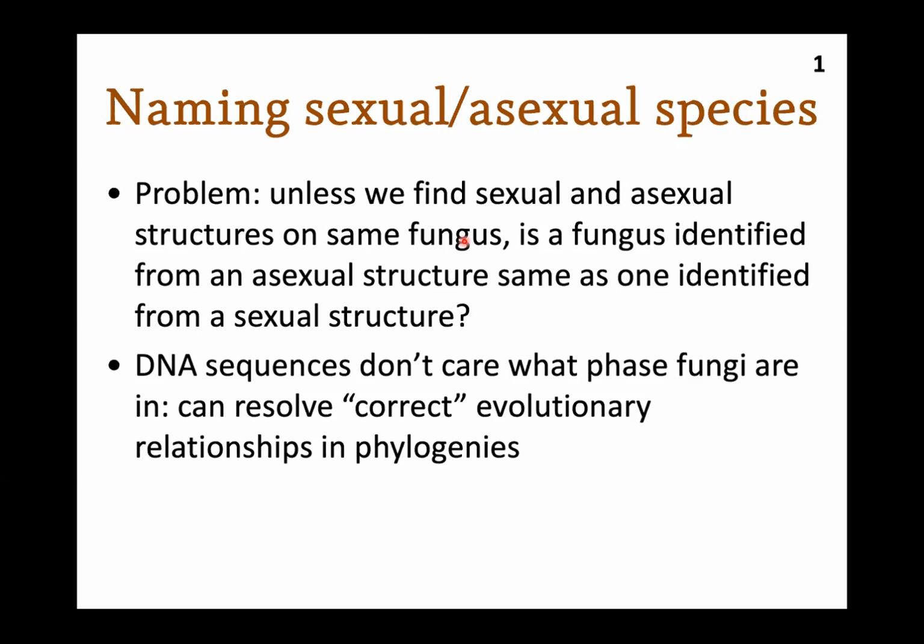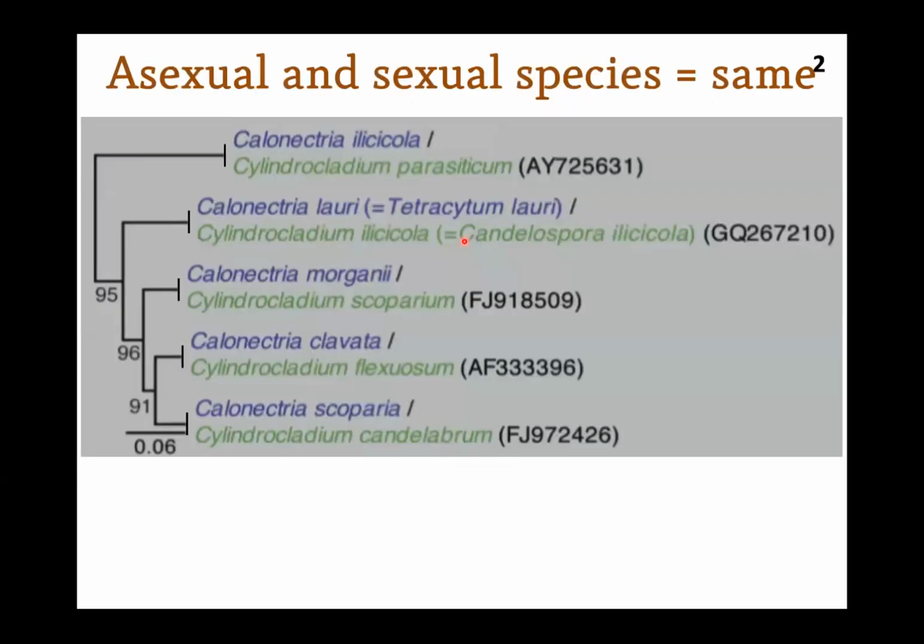So let's go to slide number 2. And here I'm showing an example. Here we have two genera, Calonectria and Cylindrocladium, and we've taken DNA sequences from one particular small part of the genome, one part of a gene, and we've used those DNA sequences to construct a phylogeny.